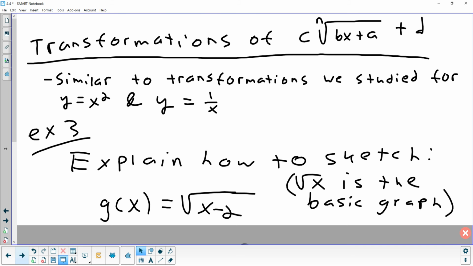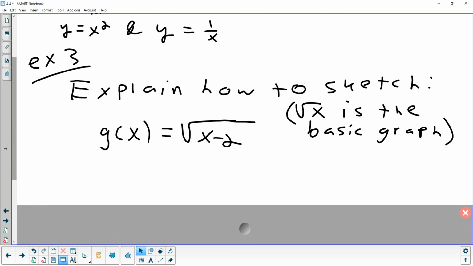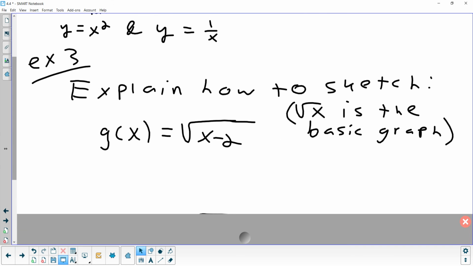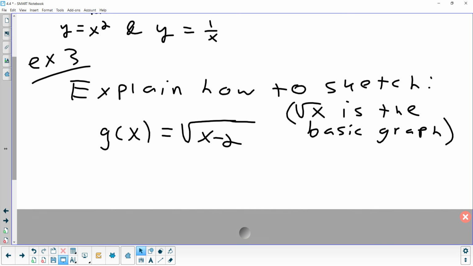All right, so let's look at this. Explain how you would sketch the square root of x minus 2 from the base case of square root of x. What would you have to do to get g of x from square root of x?